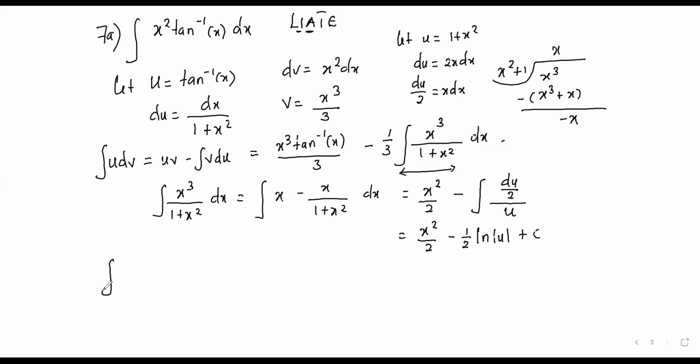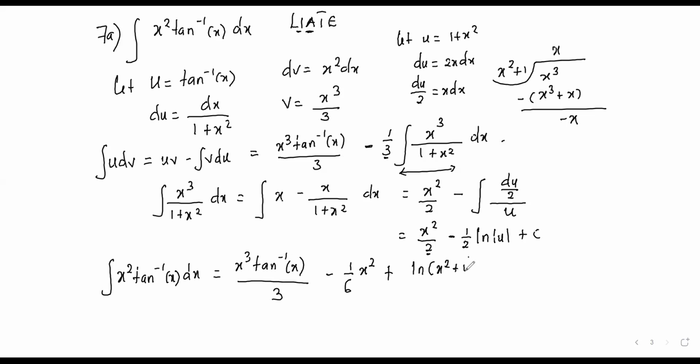So the integral of x squared tan inverse x dx equals x cubed tan inverse of x over 3 minus 1 over 3 times 2, that becomes 1 over 6, x squared, plus, because it was minus times minus, ln of x squared plus 1 over 2 by 3, that is 6, plus c. This becomes the integral of that particular one.